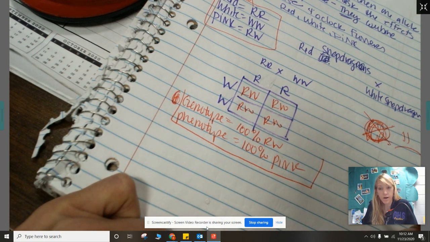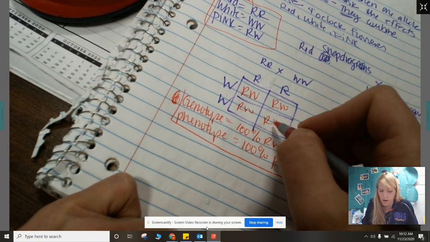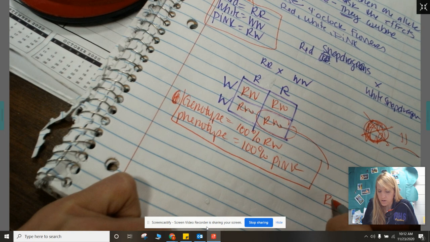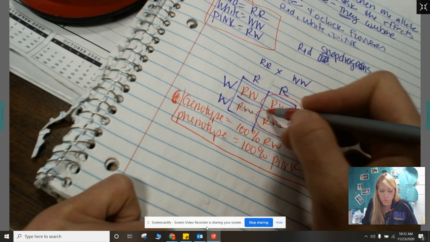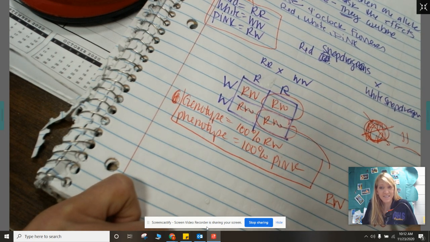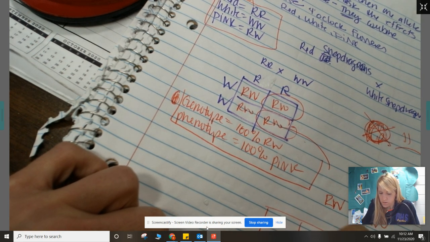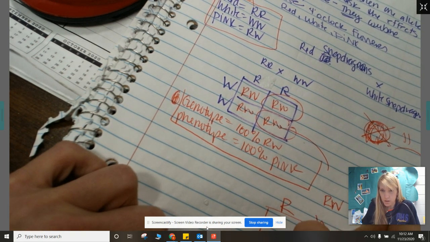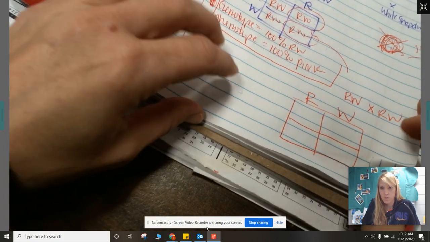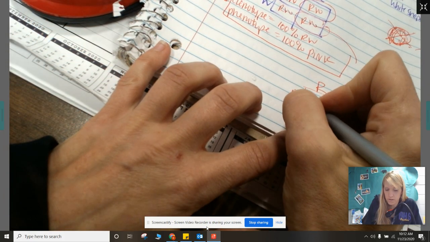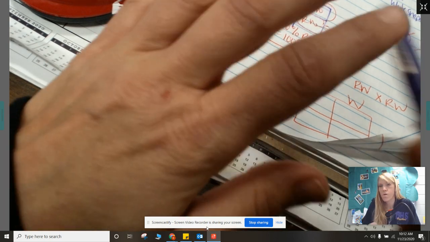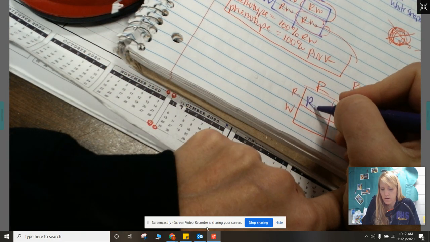So let's cross our offspring. What are our offspring? That's this right here. RW with itself, with another RW. You can do that. It's plants. It's not weird. Monohybrid cross. We put the parents here, RW. The parents here, RW. What are we going to get?